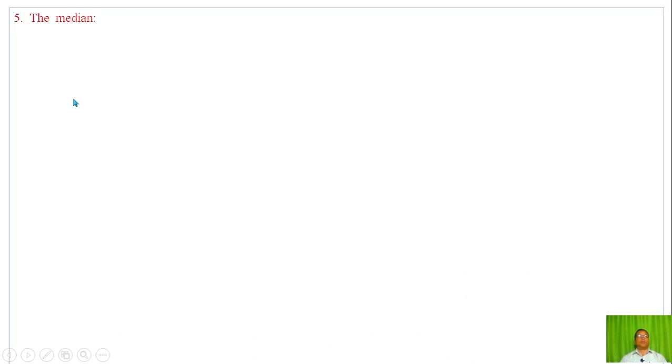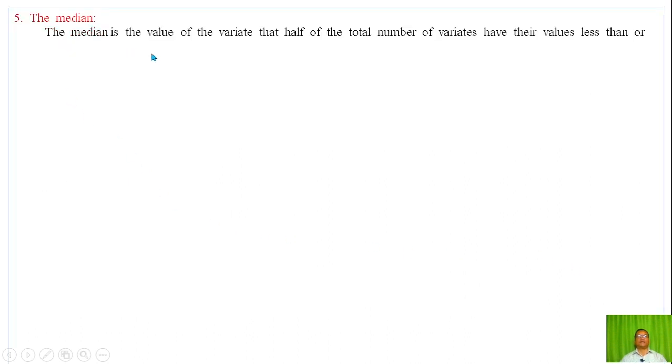The median. What is median? The median is the value of the variate such that half of the total number of variates have their values less than or equal to it, and the other half have their values greater than or equal to it.